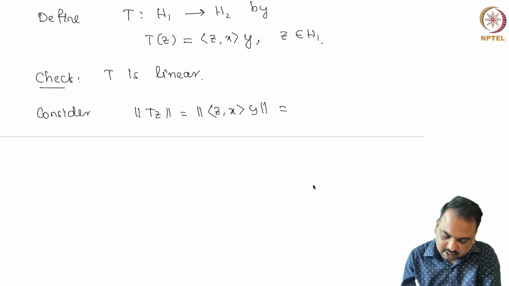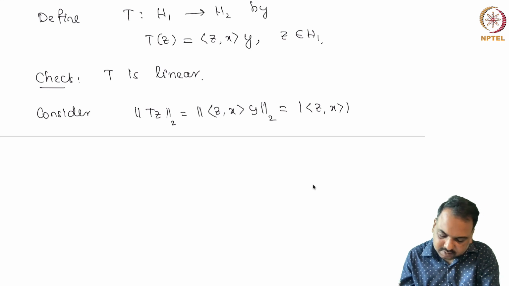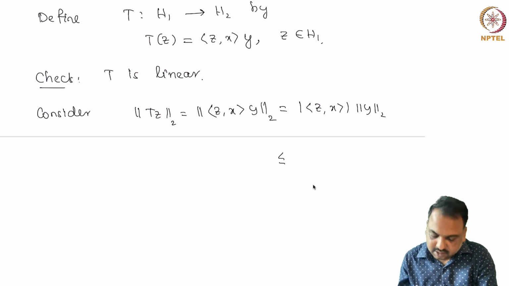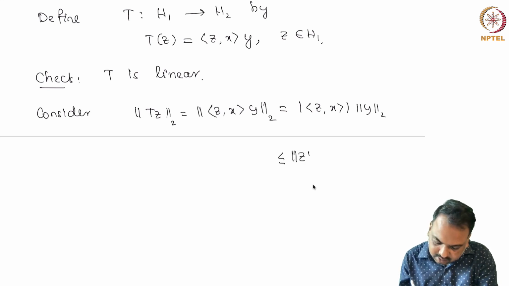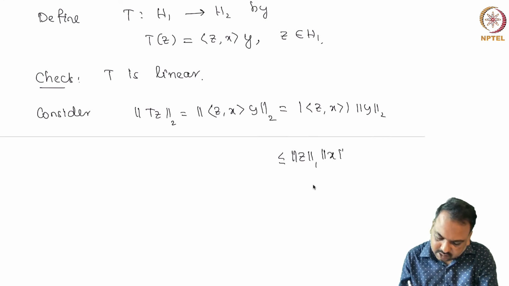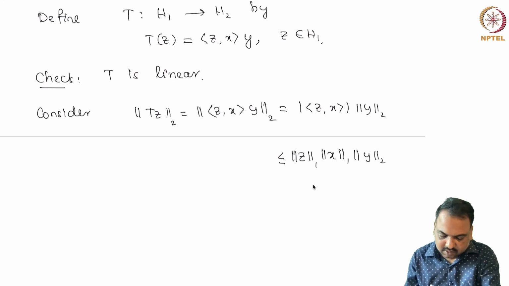So this is a scalar, so this is the modulus of the inner product of z with x multiplied by the norm of y. By the Cauchy-Schwarz inequality, this is at most the norm of z in Hilbert space H1, the norm of x multiplied by the norm of y in H2.